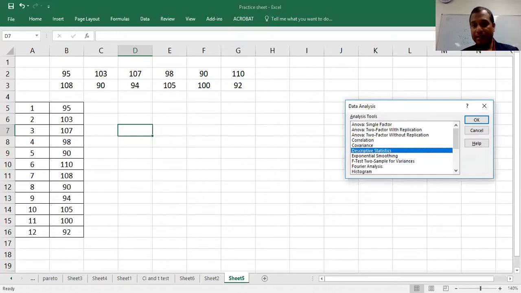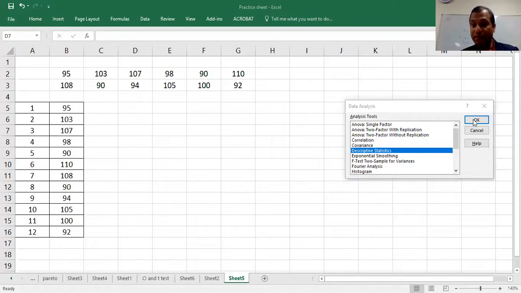By default, it is on descriptive statistics, and that's what we are looking for. Provide the range. And remember the question is at 90%: find an approximate 90% confidence interval. So keep that in mind.